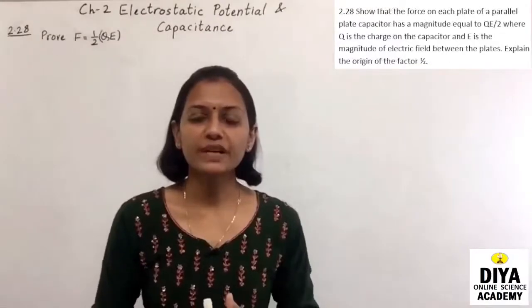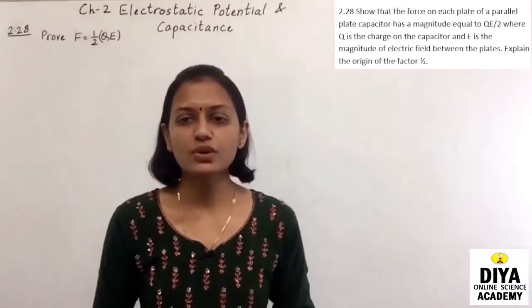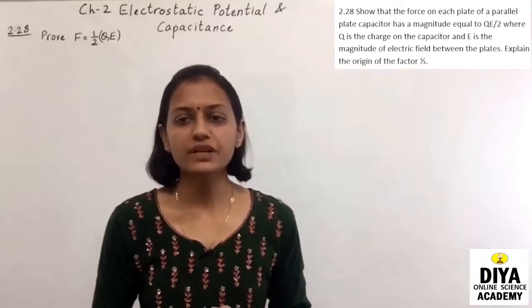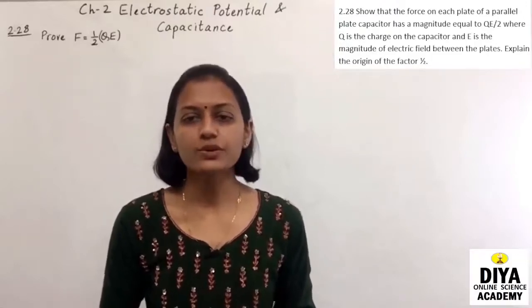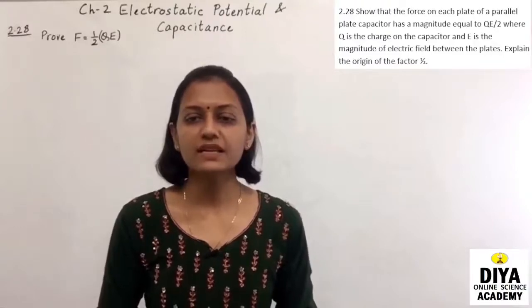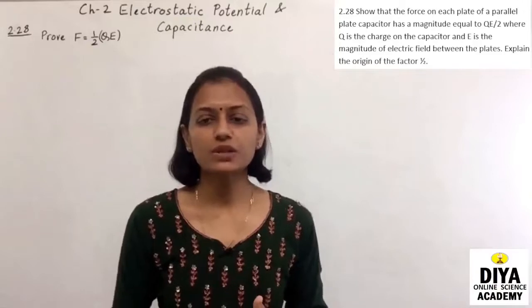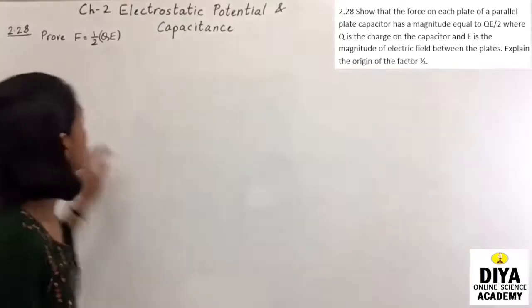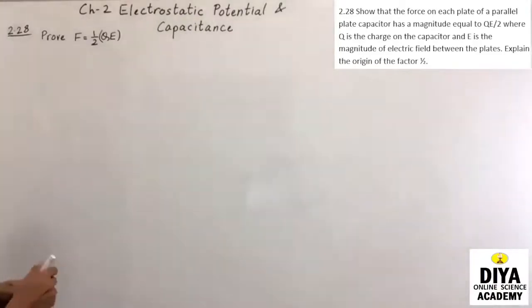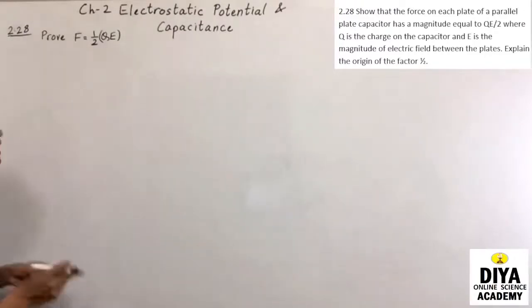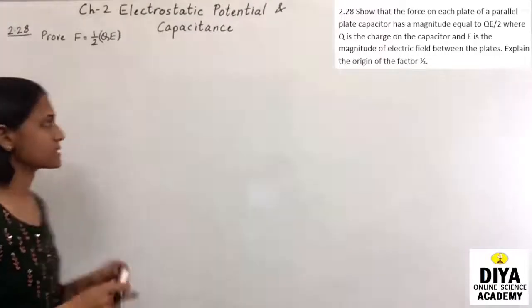Question number 2.28, which says show that the force on each plate of a parallel plate capacitor has a magnitude equals to QE by 2, where Q is charge on the capacitor and E is the magnitude of electric field between the plates. Explain the origin of the factor 1 by 2. So this is what we want to prove. Now we will be starting with a formula where F appears.